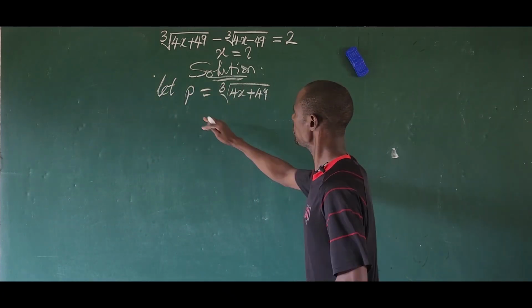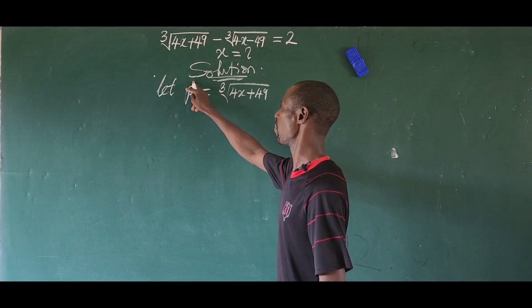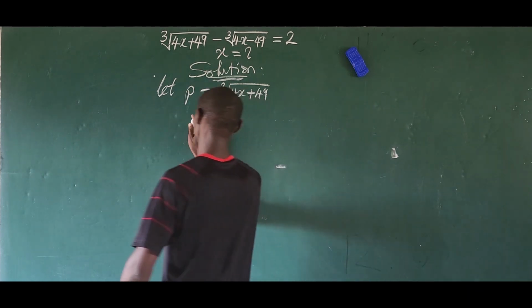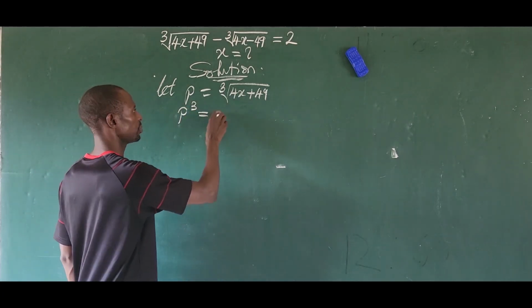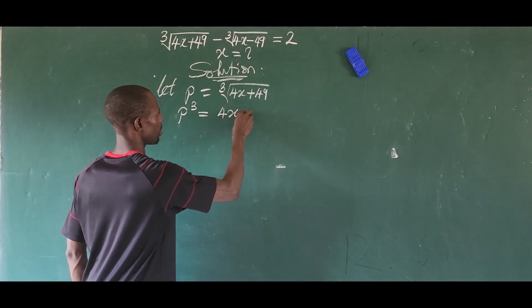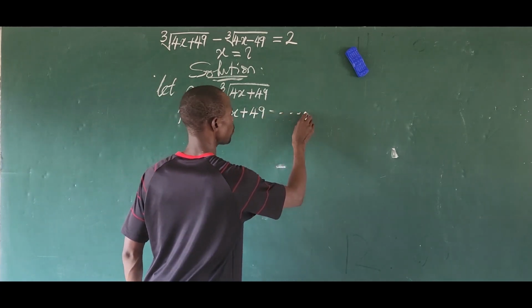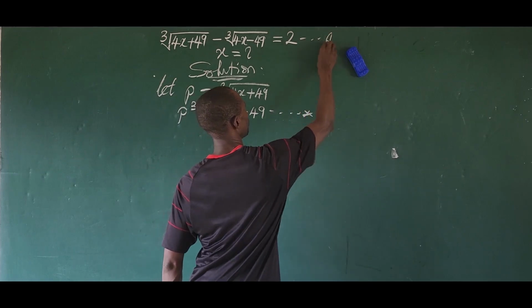Now, if we take the cube of both sides, it will expose the content inside. And so this will now give us p to the power of 3 is equal to 4x plus 49. Let's give this equation star. And let's give this equation 1.